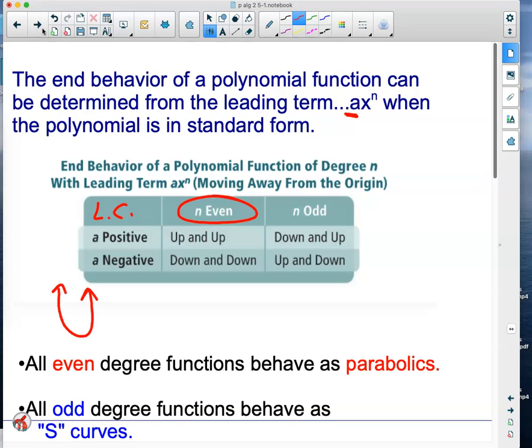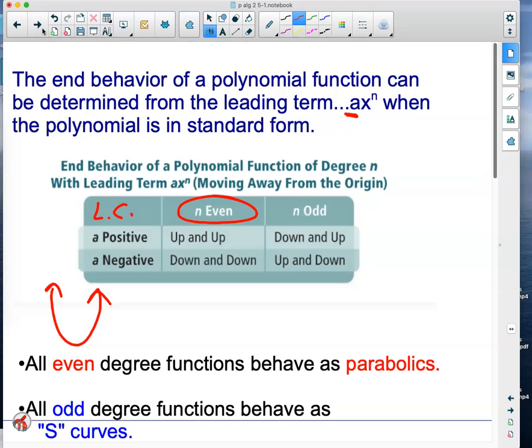So it's going to look like a little parabola. Now, that doesn't mean that there's no turning points here. There probably will be turning points, but we're just going to go ahead and talk about the end behavior. So the end behavior is the arrows. The stuff that happens in the middle, we'll still probably be using a graphing calculator to get a lot of that information. But if the leading coefficient is positive and the degree is even, it's going to be up and up.